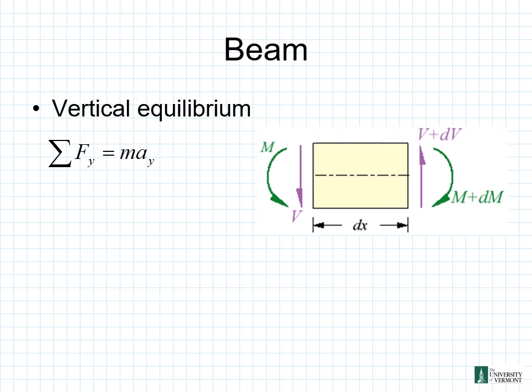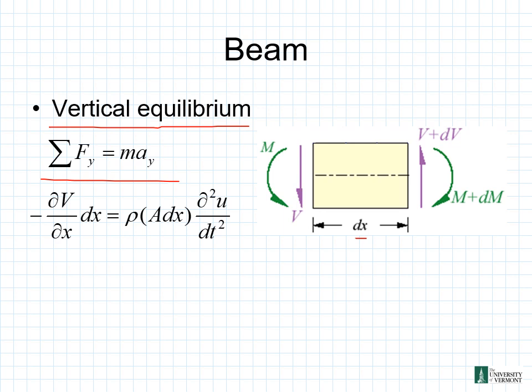So now let's take a look at the vertical equilibrium for our beam here. For this beam, we have our diagram over here, our dx, our moments, our shears, and what we can see here is we take the summation of force in the y direction equal to ma from Newton's second law, we can derive the following equations here.